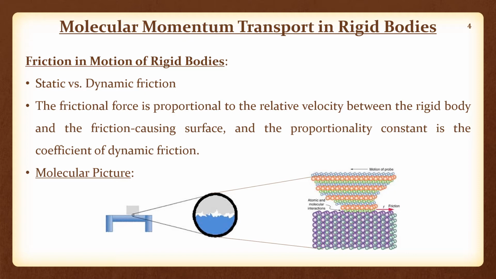This results in atomic and molecular interactions at the interface between the rigid body which is moving and the substrate, and at that interface there is definitely formation and breaking of secondary bonds. This continuous formation and breaking of secondary bonds results in friction, and there is some loss of energy and loss of momentum through this.